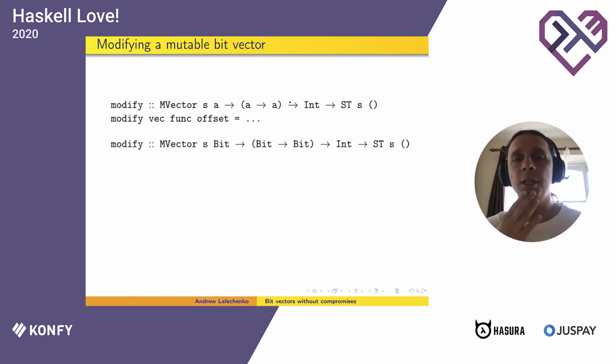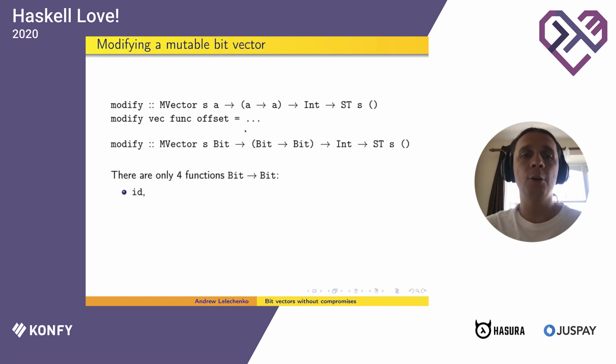What is interesting is that in our case, restricted to bits, there are not so many functions from bit to bit which we can use to modify our array. Actually, there are only 4 functions. The first of them is id: if you intended to modify with id, then don't modify at all.